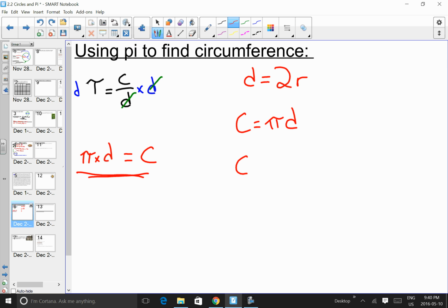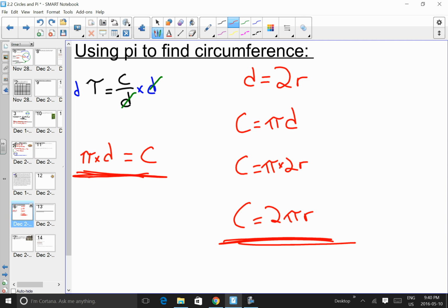So I can rewrite that as pi times 2 radiuses. And then we would just rewrite that because that's not a very pretty way to write it. When we're writing stuff, we usually like to have the numbers up front. So 2 times pi times the radius. That's another formula for circumference. So just using pi, we've come up with 2 different tools for finding circumference. Ready? So we might as well use these.